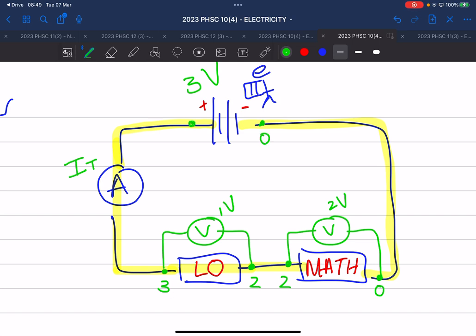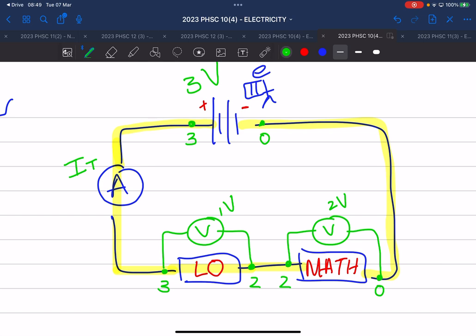When you come out of home, how many sandwiches do you have? 3. So what's the potential difference over the cells? 3. Now let's just check. Does it make sense that you need more sandwiches for math than you do for allo? Is math more difficult than allo? Yes. So you need more energy to pass through this one than you need to pass through allo.